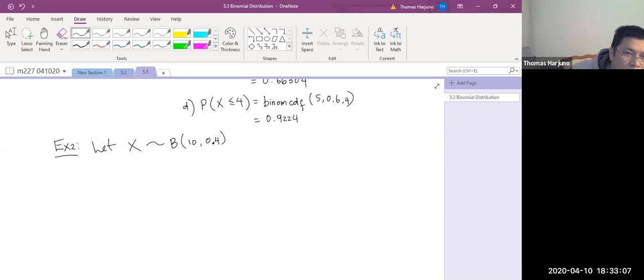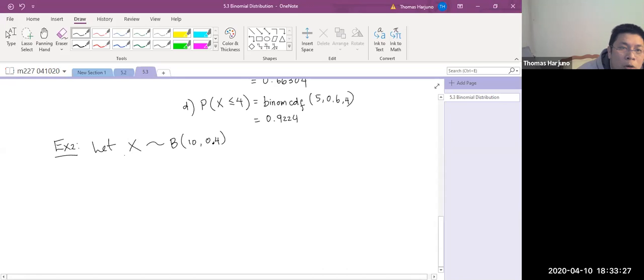The application is so far reaching that I cannot believe you can find a field that never deals with binomial distribution. But for now, we learn the theory and the notation. Later on, we apply it to applications.